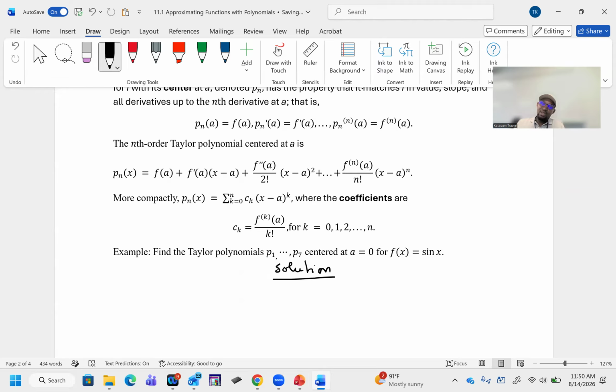We know f of x is sine of x. So f of 0 would be what?